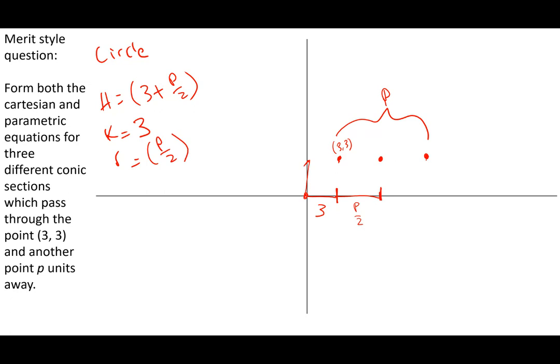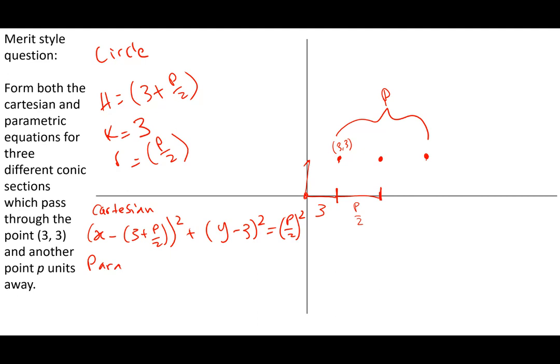And now once I've got that, I can start filling in my Cartesian and parametric equation. So my Cartesian equation will be x minus (3 plus p over 2). I've got some sort of double bracket here. Just notice I'm keeping it all together. Plus y minus 3 squared is equal to p over 2 squared. And just take note of those brackets.